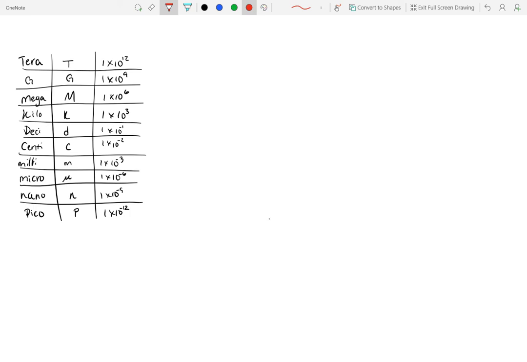So that's an easy example, right? So 1 kilogram equals how many picograms? It's fairly simple. You start off by putting the conversion factor. So we're going to put 1 times 10 to the 3 grams.